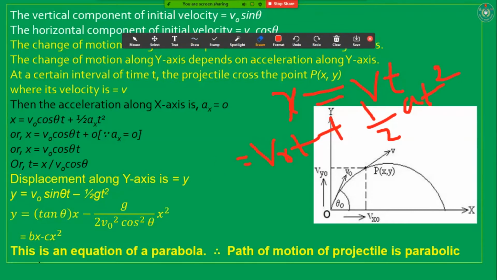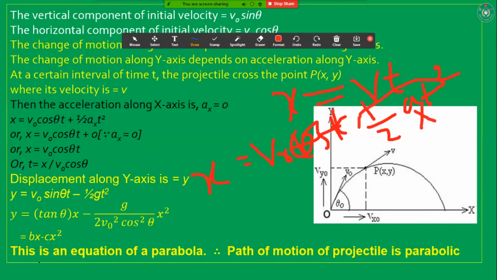So this is x, and along the x-axis you are getting the velocity component v0 cos theta, and t. But the acceleration along the x-axis, ax, is 0.